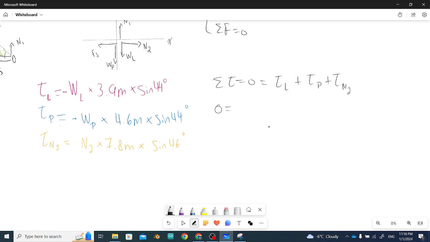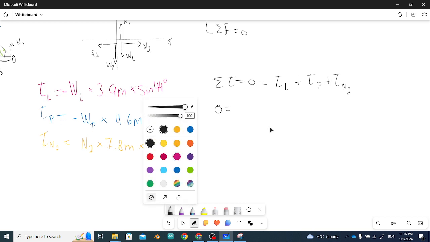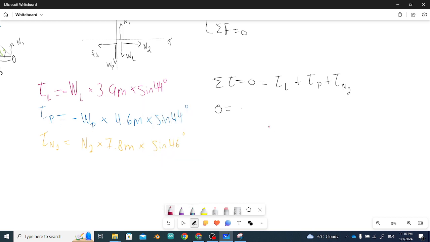So it's this one. So torque of ladder is W. Well, actually, let's just simplify our lives here and just copy those.